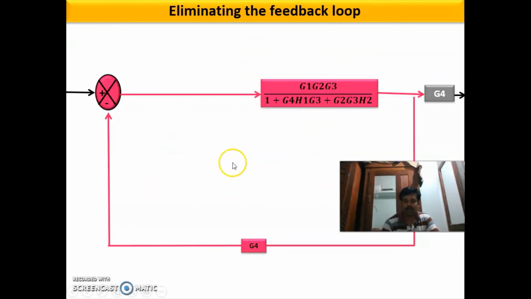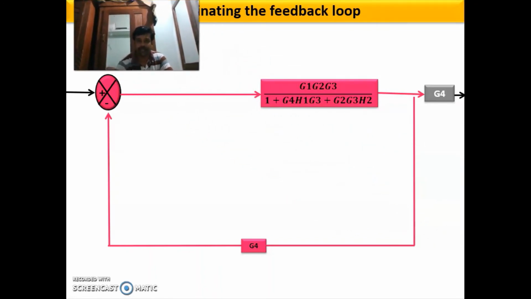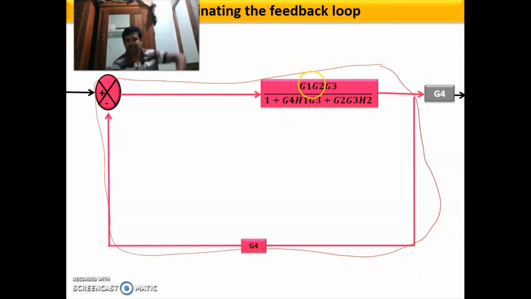Now again, this is nothing but a feedback loop. Here the value of G is nothing but G1 G2 G3 divided by 1 plus G4 H1 G3 plus G2 G3 H2, and the value of H is nothing but G4.